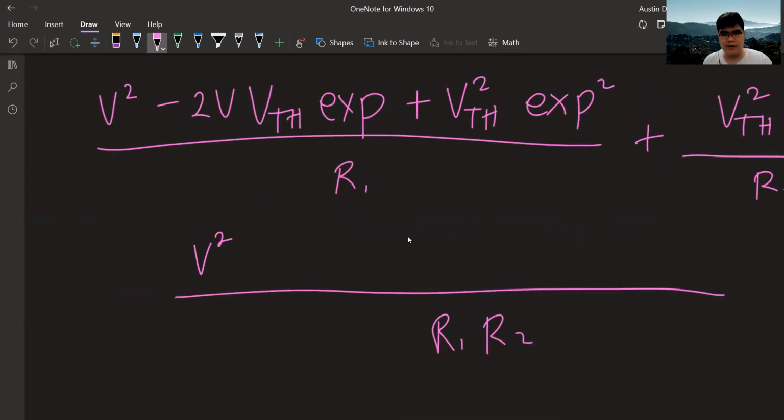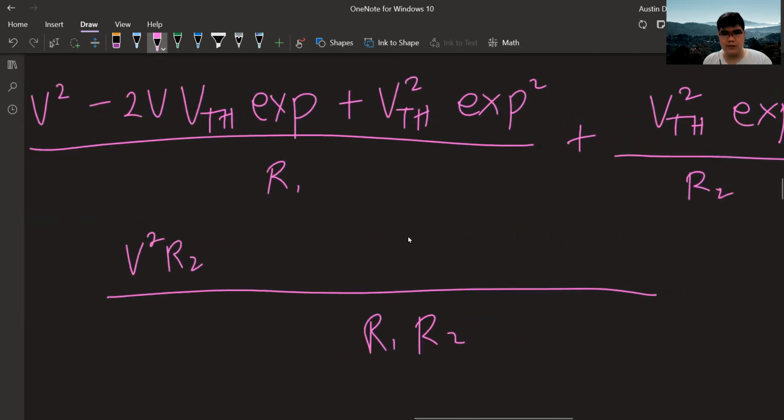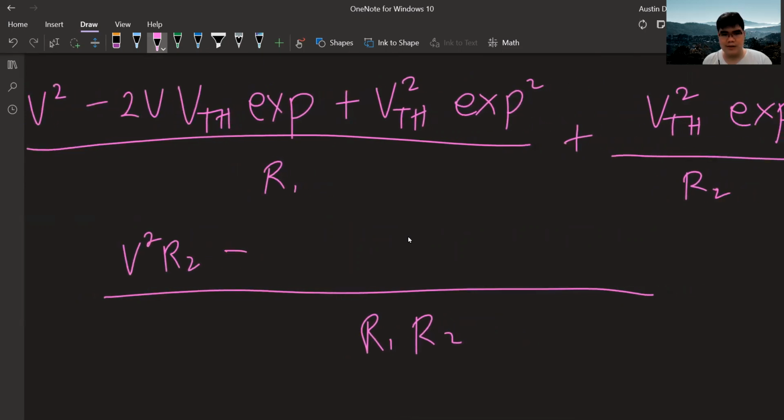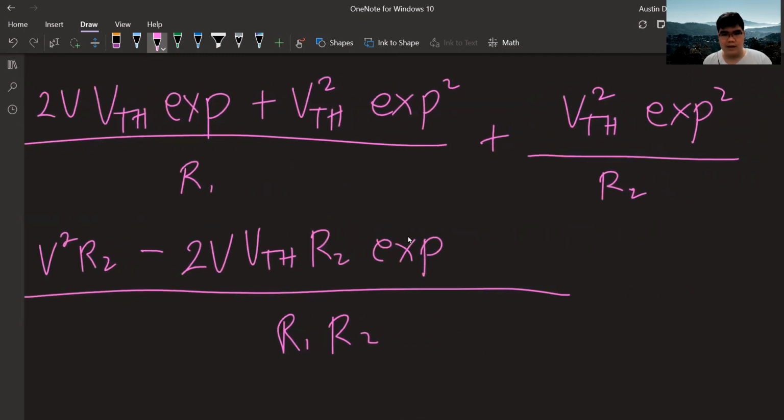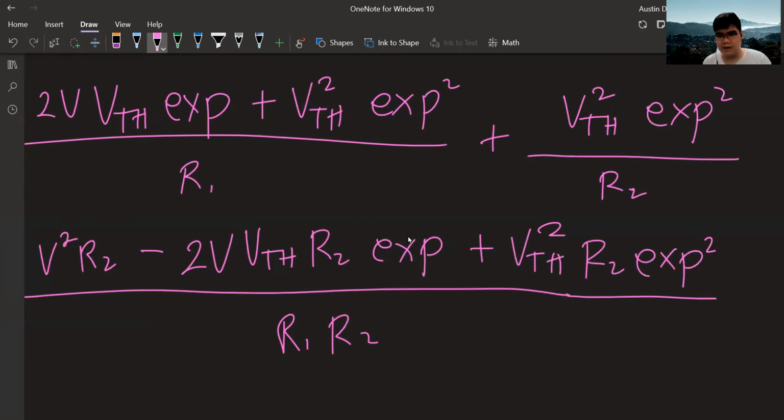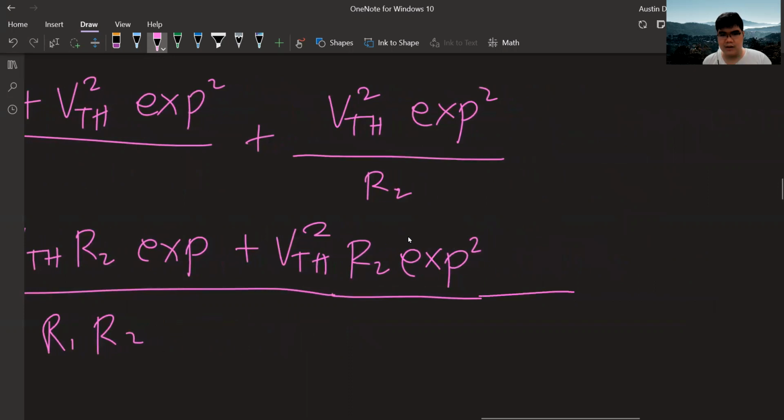And then V squared R2 minus 2V VTH R2 EXP, and then plus VTH squared R2 EXP squared, and then plus VTH squared R1 EXP squared.